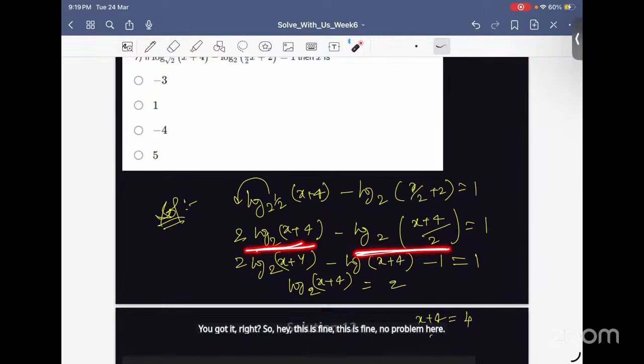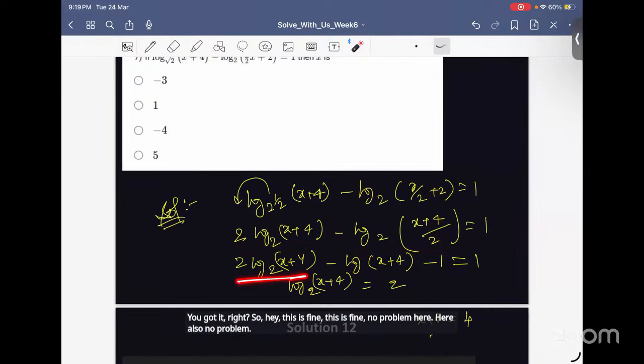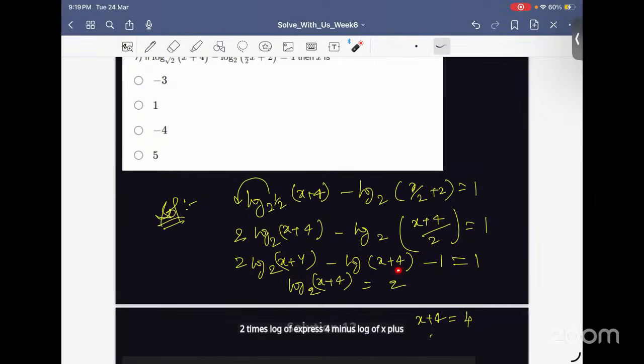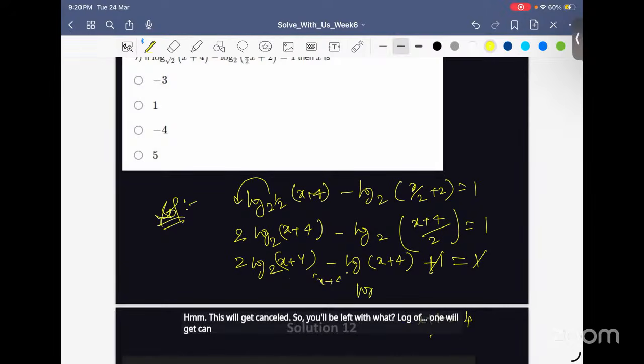Here also no problem. 2 times log of x plus 4 minus log of x plus 4. Okay, this will be plus, right? Minus of minus 1. So 1 plus 1, right? Yes, sir. That will get cancelled then. So you will be left with what? Log of 1 will get cancelled here. So log of x plus 4 equals to 0.